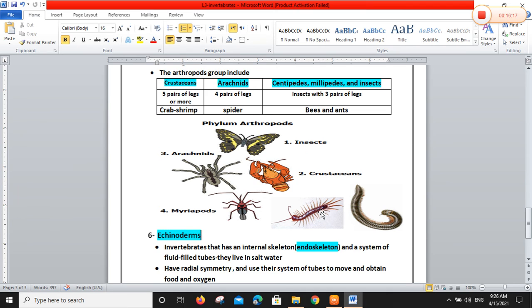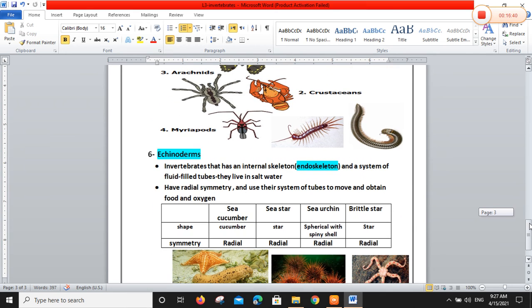If you divide the body, the right side is exactly the same as the left side. Look at butterfly, bilateral symmetry. Look also at centipede and millipede, bilateral. The number of appendages on this side equals the number on this side.